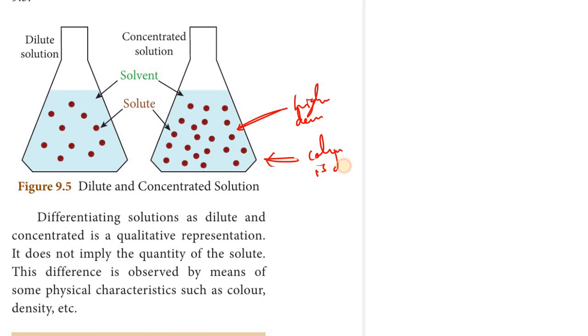The color is different compared to the color over here, and here again the density is higher, because in a unit volume, say if I consider this space as the unit of volume, here there are solvent plus say 2 solute particles, whereas if I consider the same volume over here, then we have got only one. Overall, I am just saying, you can say that here the density is higher since the number of solute particles is higher.